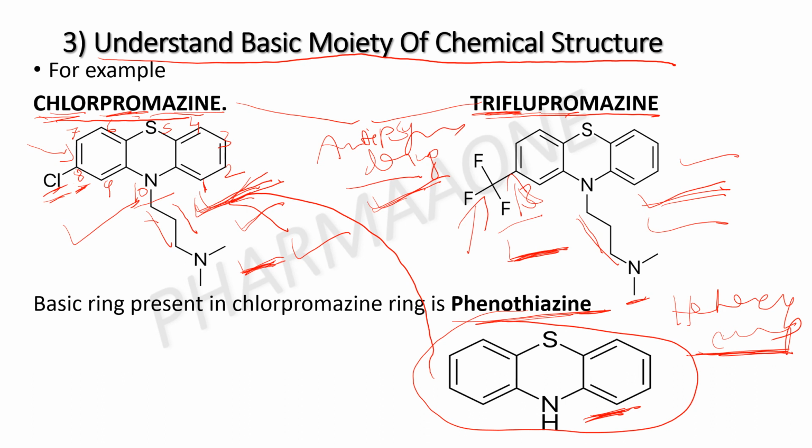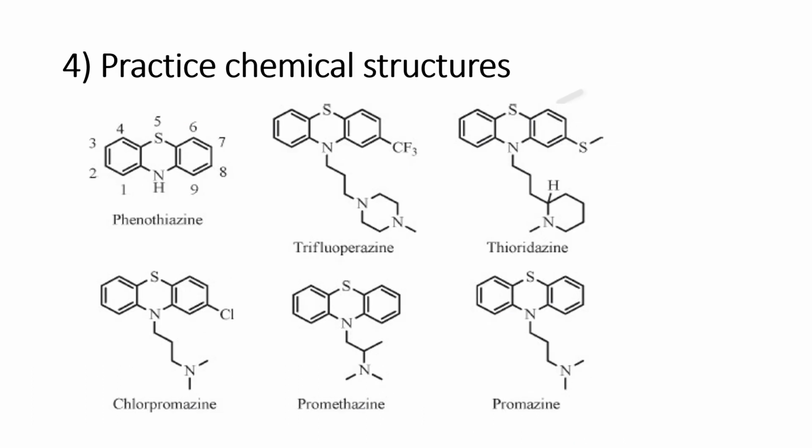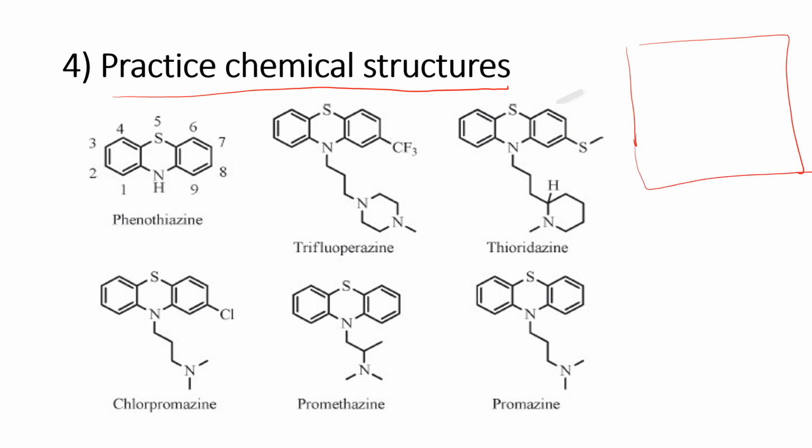If you know the heterocyclic compounds, then easily you can understand the chemical structure, and you have to practice daily. Coming to the last point, practice chemical structures. Whatever chemical structures are in your syllabus, you have to practice them. Take white paper, write all the structures on it, and practice daily.